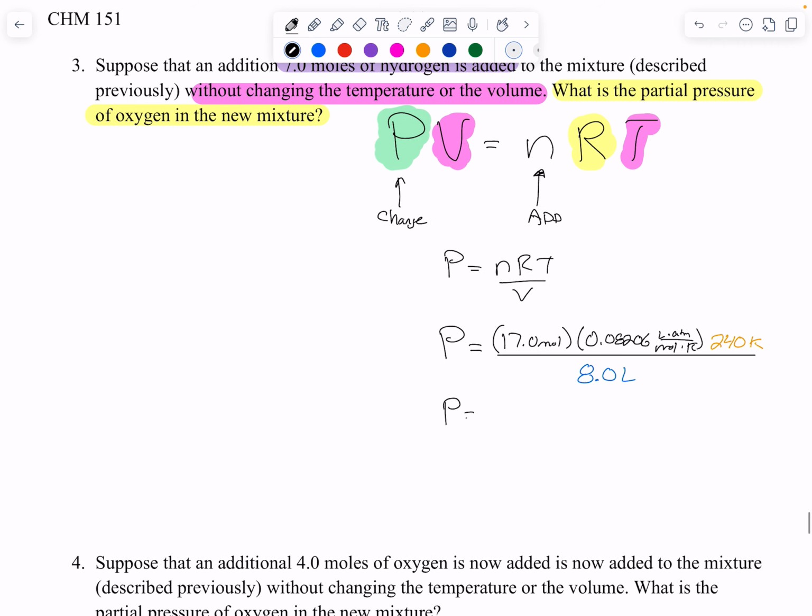So that means the new pressure is going to be what? Let's take 17 times 0.08206 times 240 and divided by 8. I got 41.9 or 42 atmospheres. All right. So now we can go back to P of O2 equals the mole fraction of O2 times the total pressure.